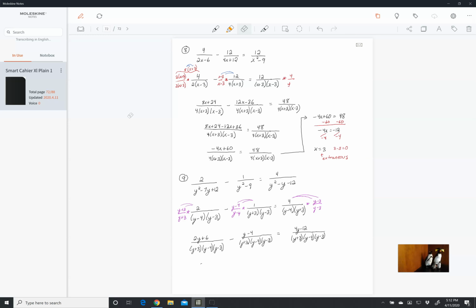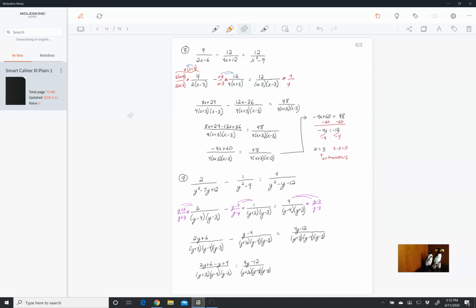So we have 2y plus 6 minus y plus 4 over y plus 3, y minus 4, y minus 3 is equal to 4y minus 12 over y plus 3, y minus 4, y minus 3.